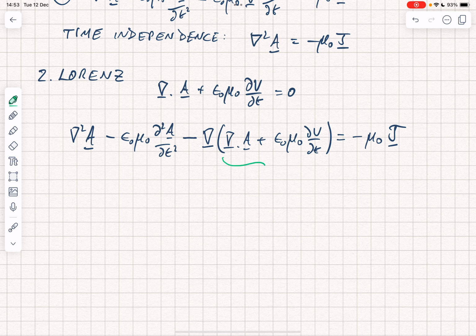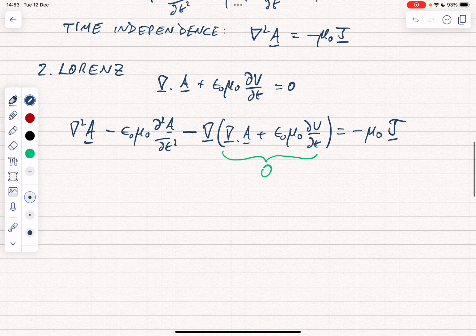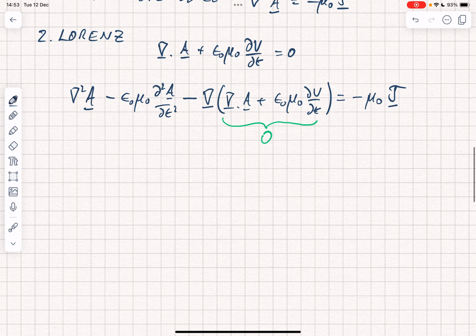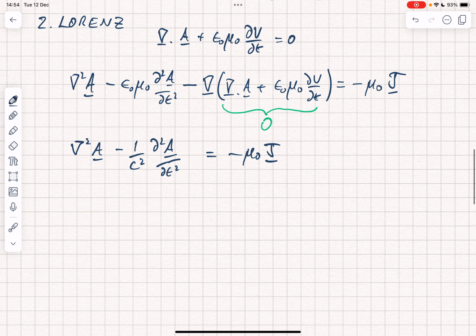If this term in brackets is 0, then we can write a very simple wave equation for A. We have del squared A minus epsilon naught mu naught, and remember that epsilon naught mu naught is 1 over c squared, d2A by dt squared is equal to minus mu naught J. So that's a wave equation for A with a source term, which is J.